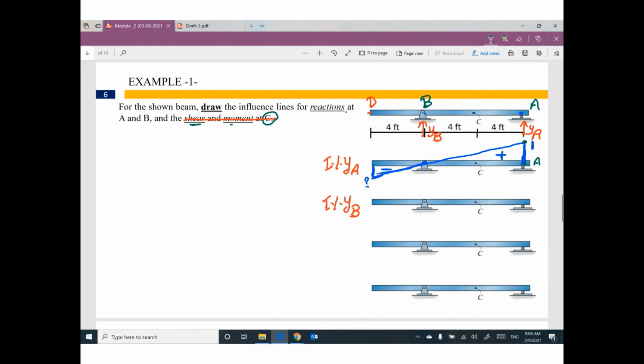Triangle similarity. This triangle looks like this triangle. So I can say this value divided by this value equals this length divided by this length. That's right. So I think this value will be 0.33.